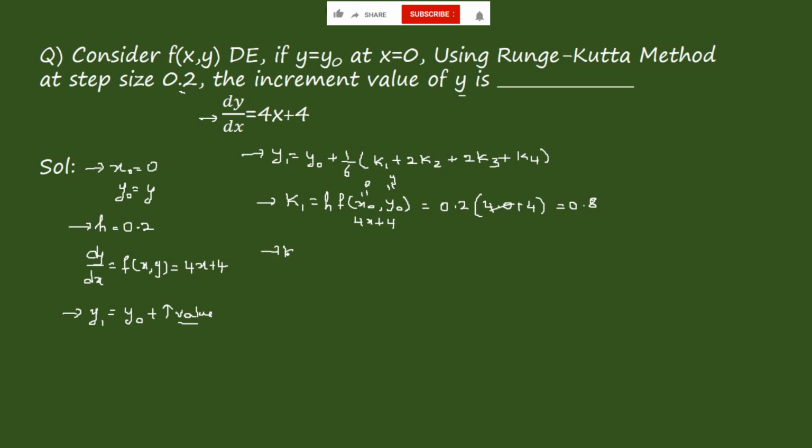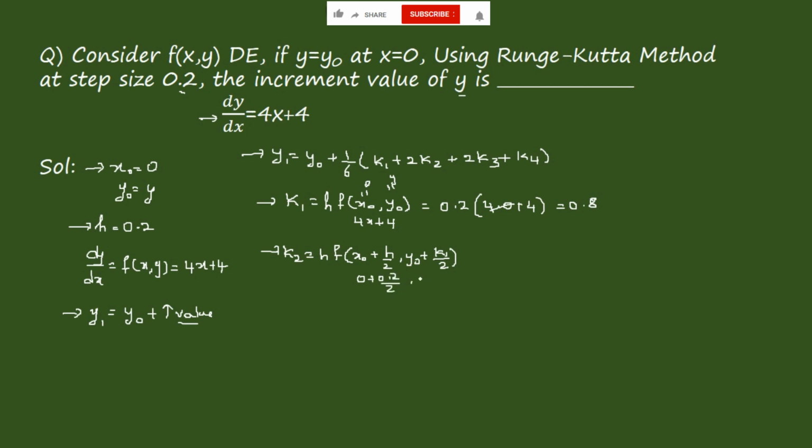Now find the value of k2, which is equal to h into f of x naught plus h by 2 comma y naught plus k1 by 2. So here x naught plus h by 2 becomes 0 plus 0.2 by 2.